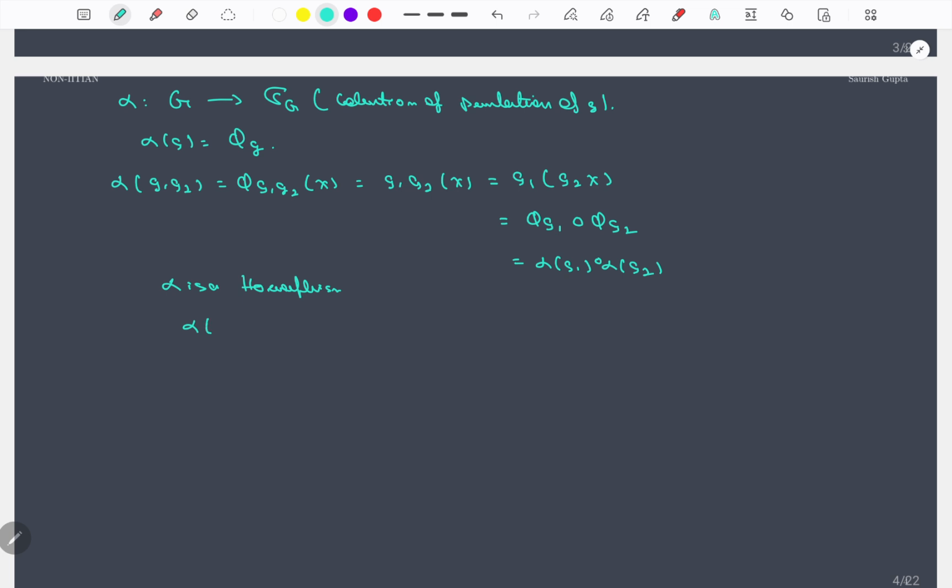Moreover, observe something: what is the kernel of alpha? It's the collection of all the elements G in G such that phi of G is 1.